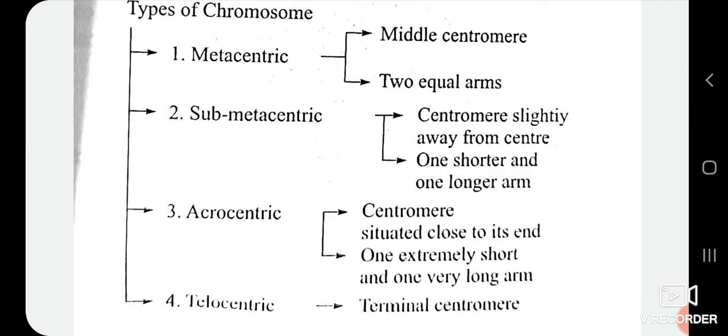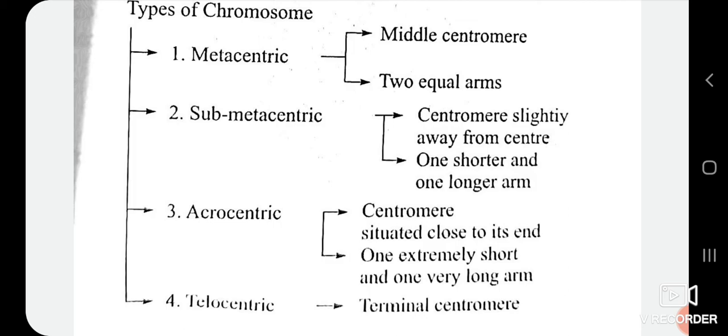In metacentric chromosome, the centromere is in the middle, so two equal arms of chromosome are there. In submetacentric chromosome, the centromere is slightly away from the center, so one shorter and one longer arm is there. In the third type, acrocentric chromosome, the centromere is situated close to the end of the chromosome, so one extremely short and one very long arm.